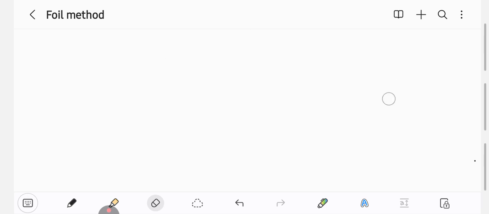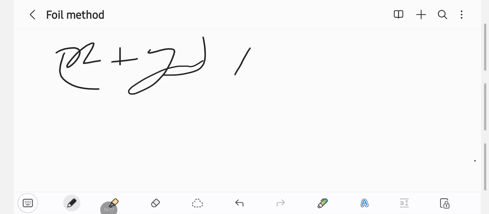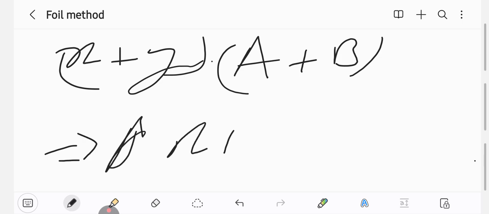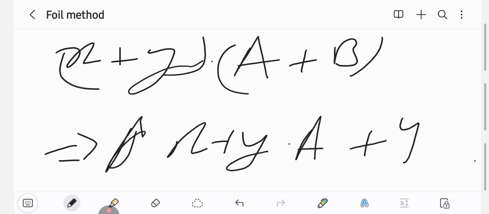Now let us stop talking about the FOIL method and get into the simple method. Suppose you have x plus y times a plus b. Now you can write x plus y times a plus x plus y times, let us write here, b.